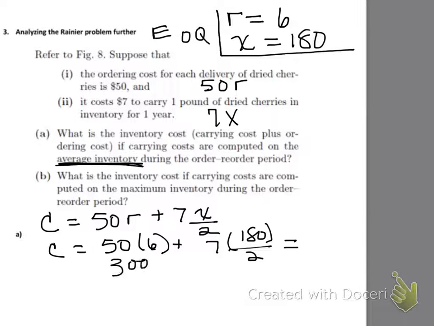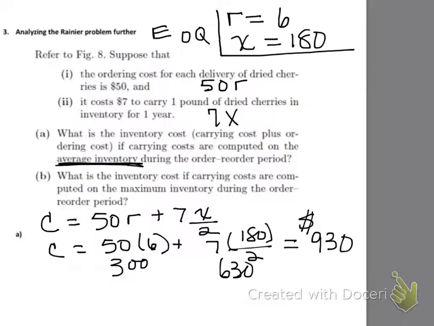This is 300 plus 90 times 7, which is another 630. So your total inventory cost for the cherries would be $930.